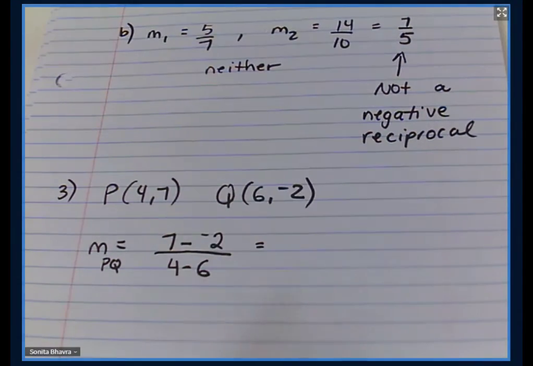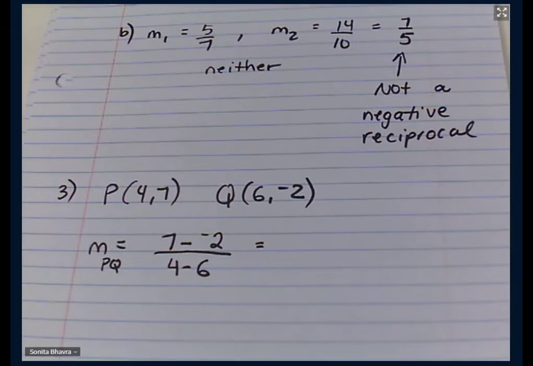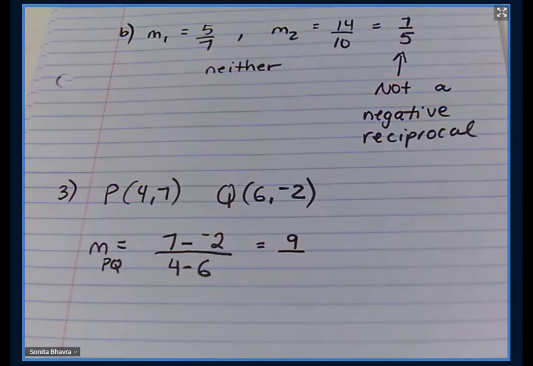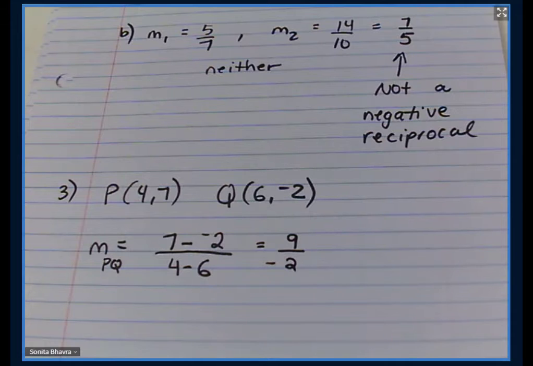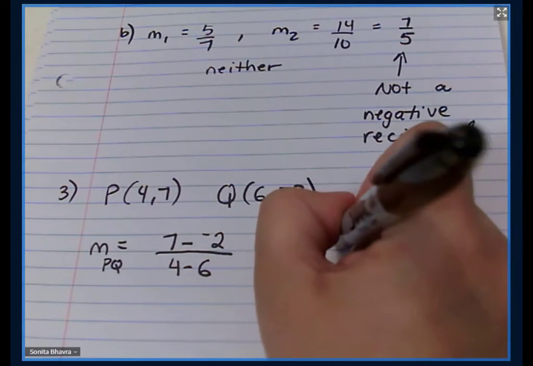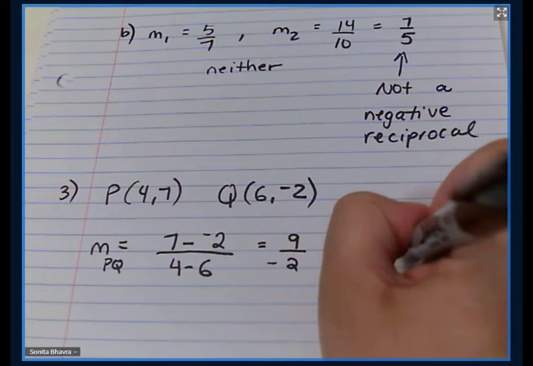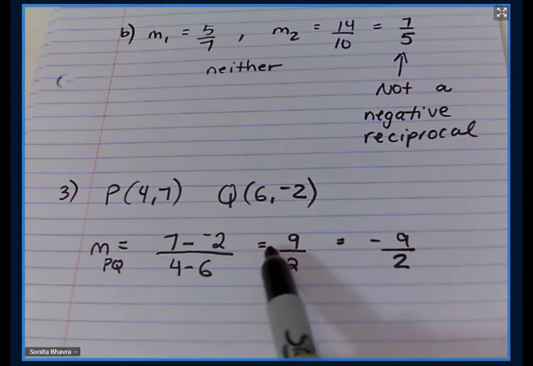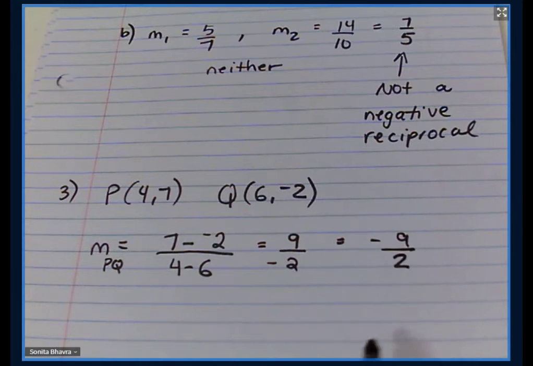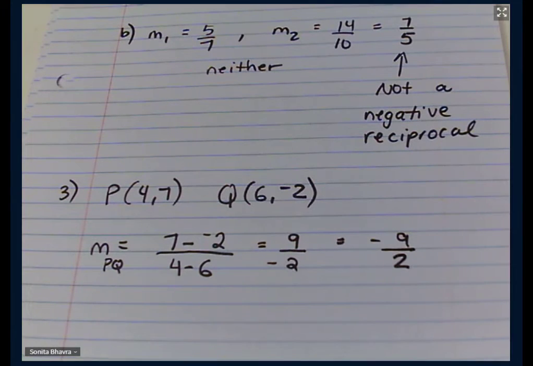That gives me a positive 9, and 4 minus 6 is negative 2. So a slope of negative 9 over 2. All I've done is bring the negative sign up to show that it's a negative slope. So that's the slope of the line.